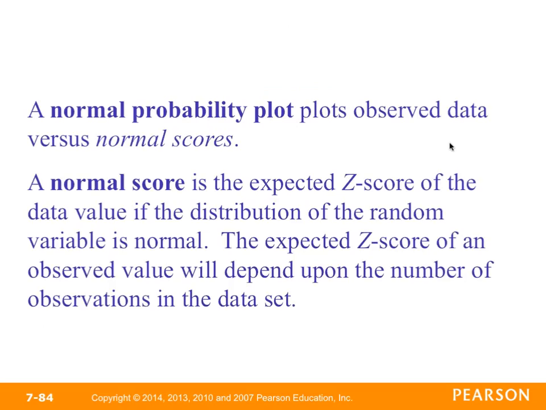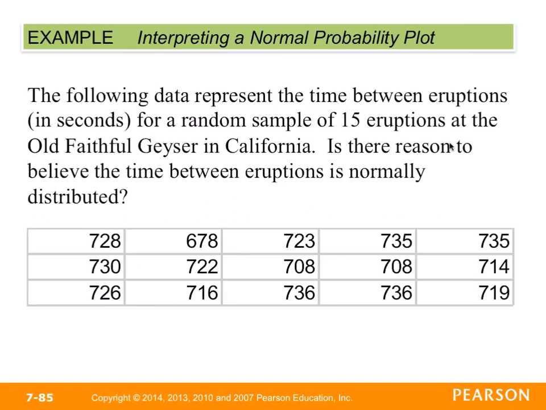The other thing I want to talk about in this section is normal probability plots. Basically, what we do is we plot observed data versus the normal scores. Normal scores are just the expected z-scores that we would see if the distribution was normal. Now, you don't have to calculate these by hand, but here we have Old Faithful geysers erupting in California, and we want to know if they're normally distributed.